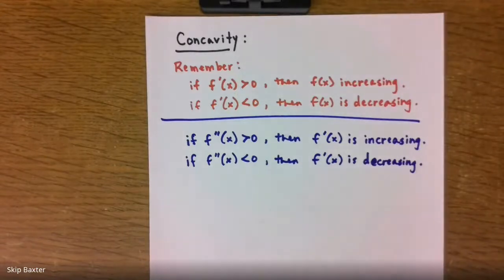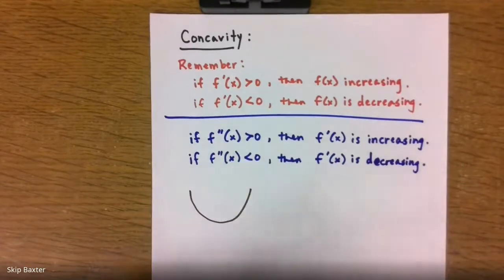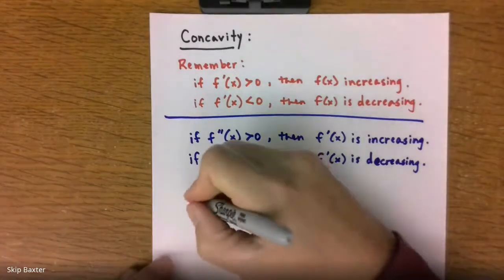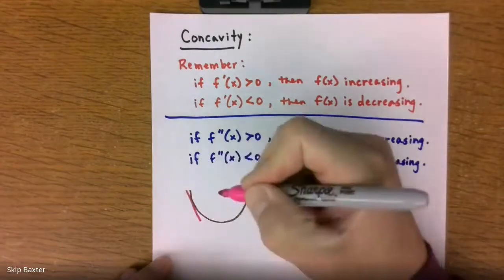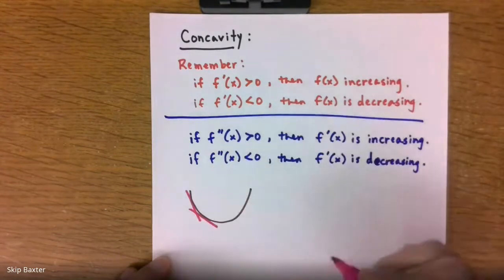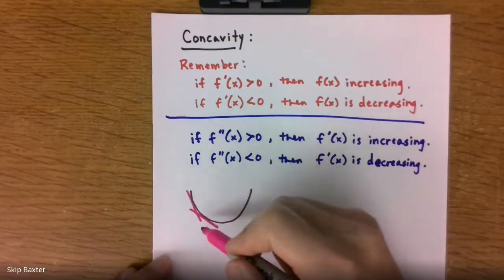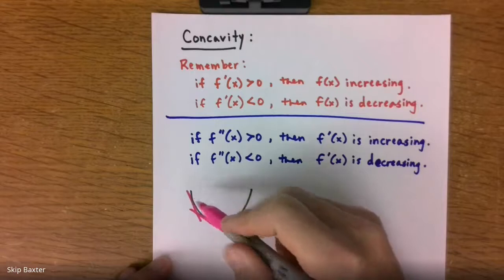If you have a concave up function, like this is a concave up function, and you look at the tangent line at points going from left to right, this tangent line right here has a negative slope. This tangent line right here has a less negative slope, which means that the derivative of this function is increasing, right? It's getting less negative.